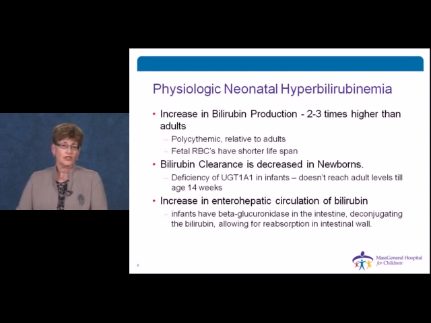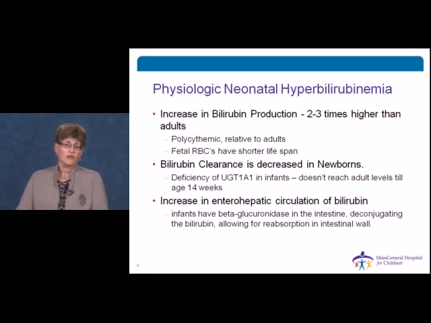Increase in production occurs because, as you know, neonates are relatively polycythemic compared to adults. Also, the fetal red blood cell has a shorter lifespan, 90 days as opposed to 120 days. And so there is a 2 to 3 times higher bilirubin production in children compared to adults. Bilirubin clearance is also decreased in newborns.